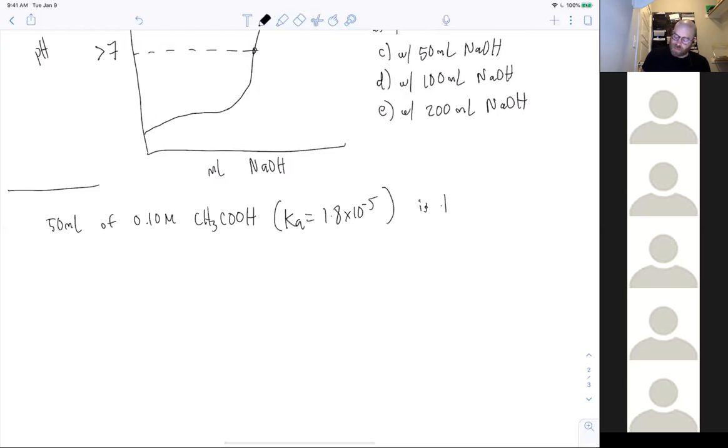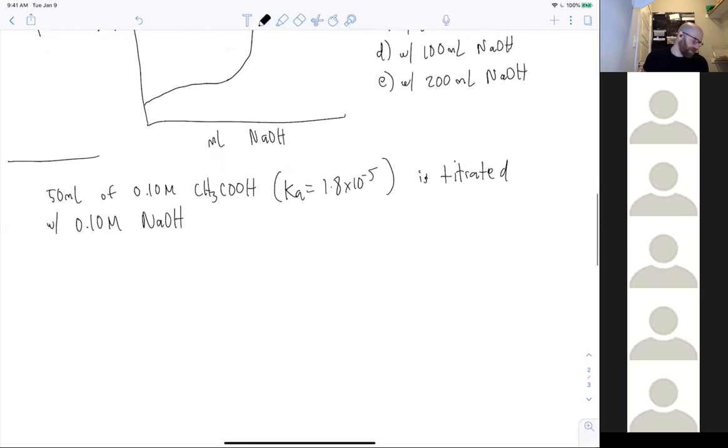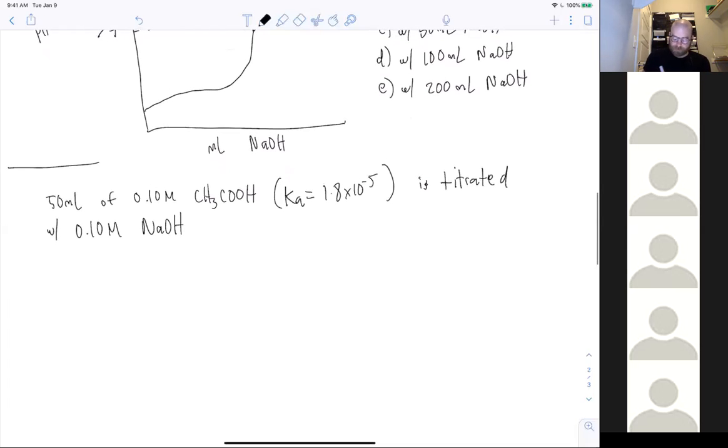And you could say it's titrated with 0.10 molar sodium hydroxide. There's a bunch of different places that we can look at here.